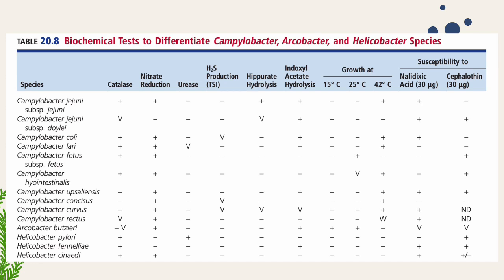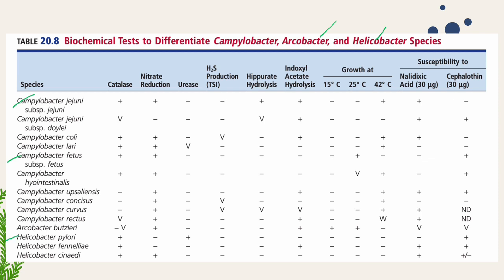So here is the summary of the biochemical tests to differentiate your Campylobacter from your Campylobacter-like species such as your Aeromonas and Helicobacter species. So pinaka-importante dito is your Campylobacter jejuni, Campylobacter fetus subspecies fetus, ano pa? Helicobacter pylori.